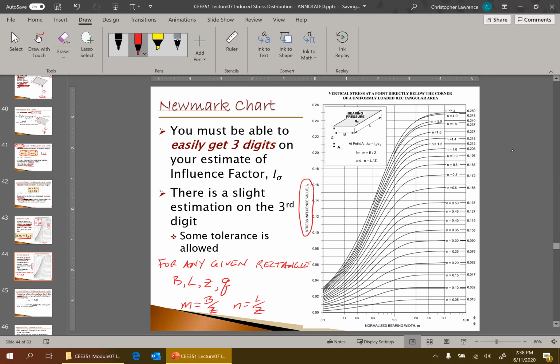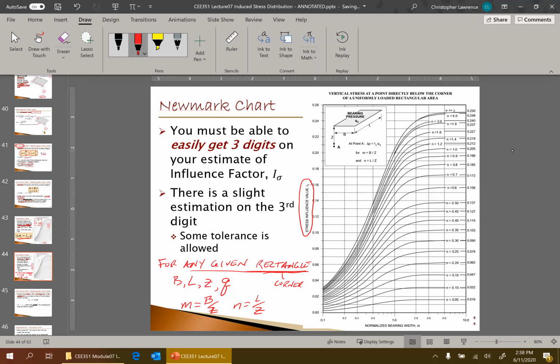Well, actually, the first step is figuring out, we'll come back to this later, which rectangles to use, and it must be, once again, on the corner. The point of interest, the one point where you're trying to determine the stress, must be below the corner of the rectangle. Okay? Then you have to know B, L, Z, and q. Get m and n. So let's say that m equals 1.